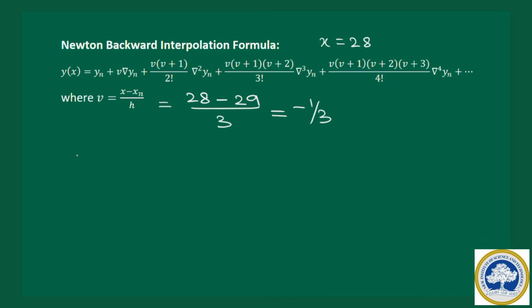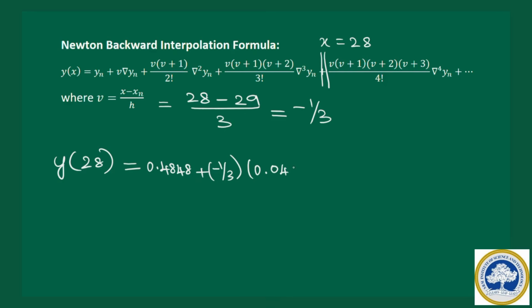That is, we have to calculate y of 28 by substituting all the respective values here till del cube yn. That is yn, the last value of y, plus v, which is minus 1 by 3, into del yn, the last value of the first difference table.